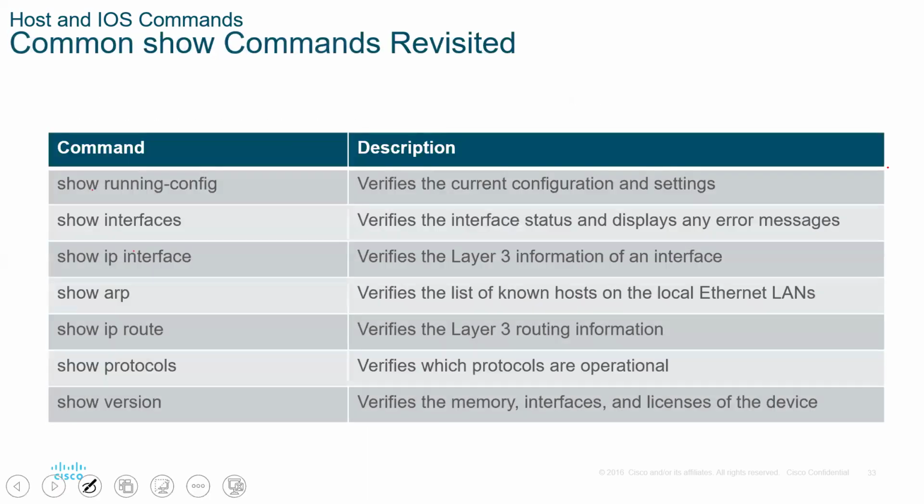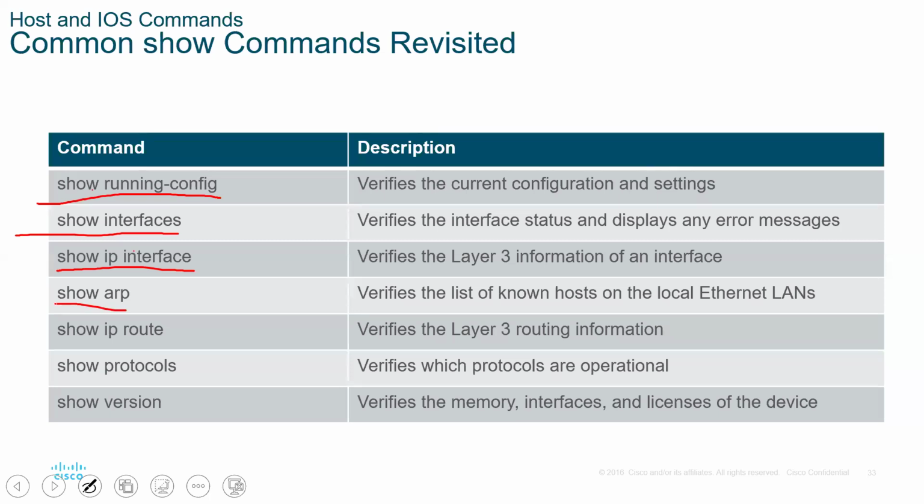So there are some commands that you can visit. If you take note of these commands, it will help your troubleshooting skills. For instance, show running-config helps you to verify the current configuration settings. Show interfaces verifies the interface status and displays any error messages. Show ip interface verifies the layer 3 information of an IP interface.